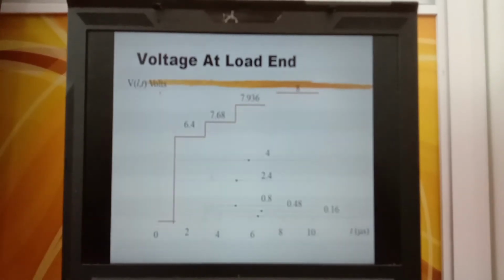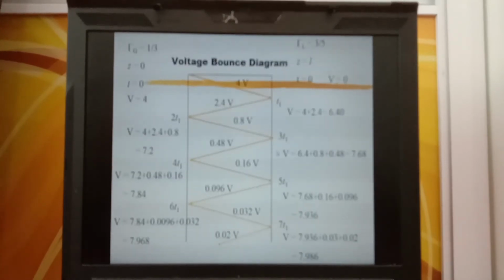Similarly, the reason why we have 7.68 volt is because we add 0.8 volt with 0.48 volt, and that is the reflected wave, and then we add it to the earlier voltage of 6.4 volt.